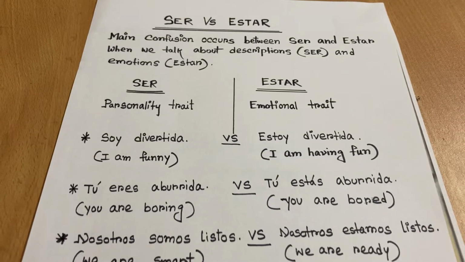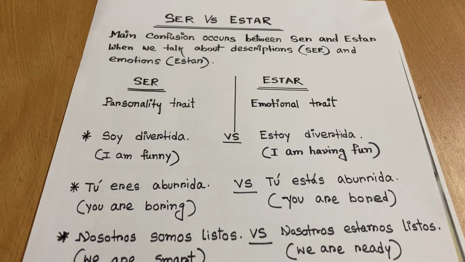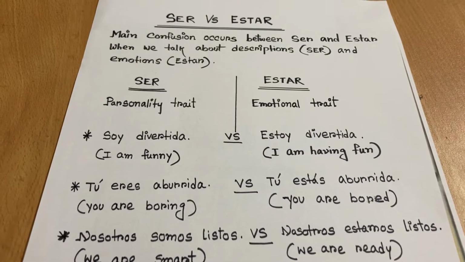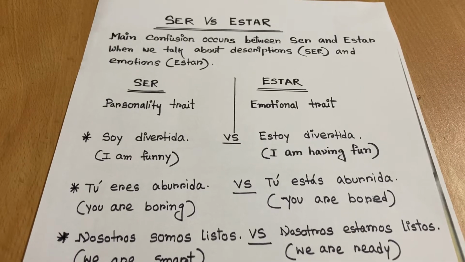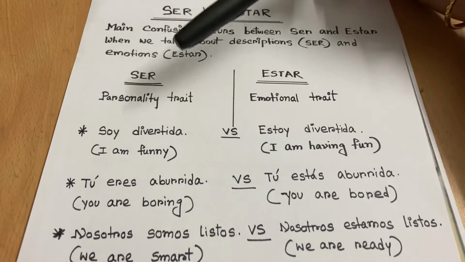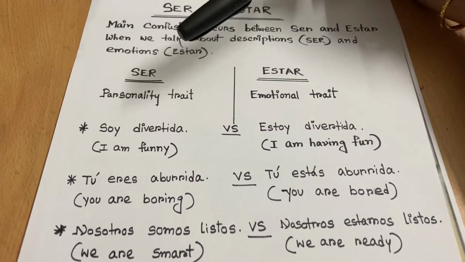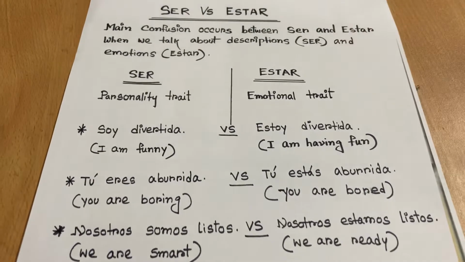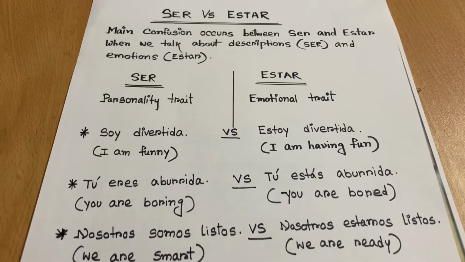When we talk about description and emotion, it is always confusing, and if you change the verb, the meaning will completely change. So please remember one thing, the ser verb is used when we talk about personality trait, and the estar verb is used for emotional trait.